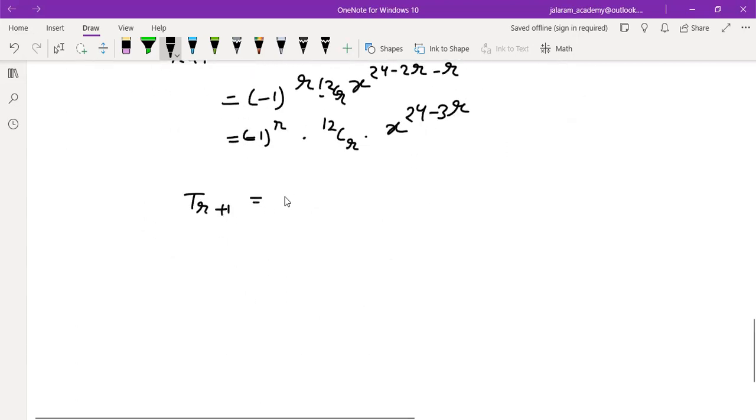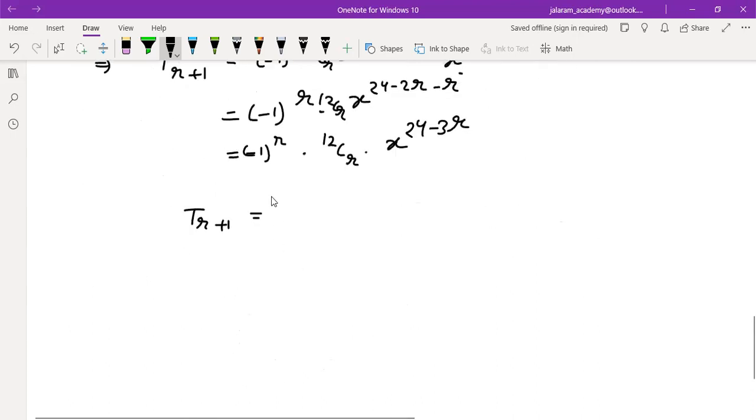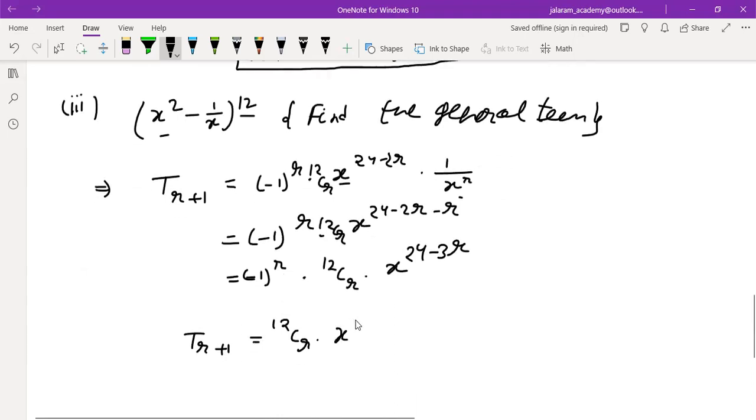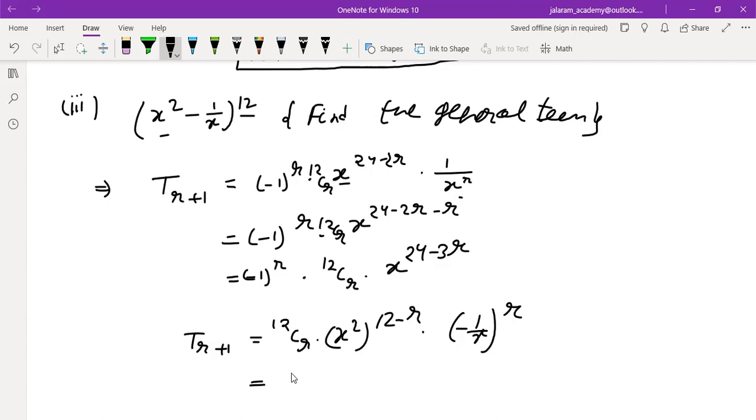Look at this. T r plus 1 equals to, in place of n it is 12. So 12Cr, in place of x it is x square. So x square whole to the power n minus r into minus 1 by x whole to the power r. First of all we write the sign, whether it is positive or negative, minus 1 to the power r.